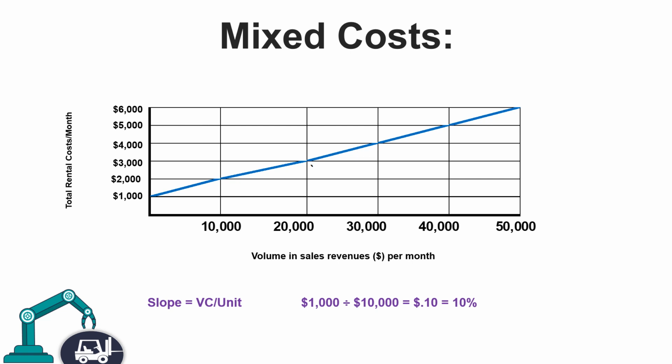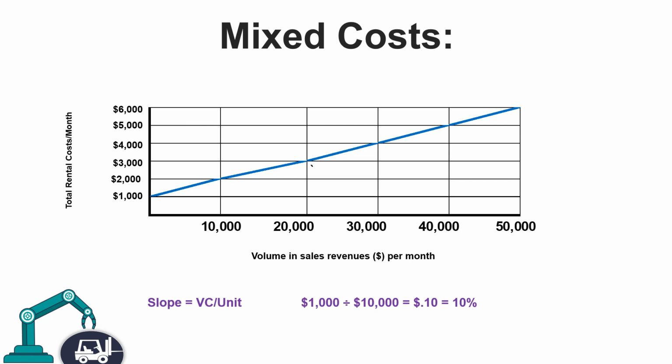Well, in this particular case, some of our rental cost is fixed. We've got $1,000 a month that is fixed regardless of what our volume is. But we also have this additional amount of rental cost that is predicated on 10% of our sales volume in terms of the total amount of sales revenues that we generate through our store.